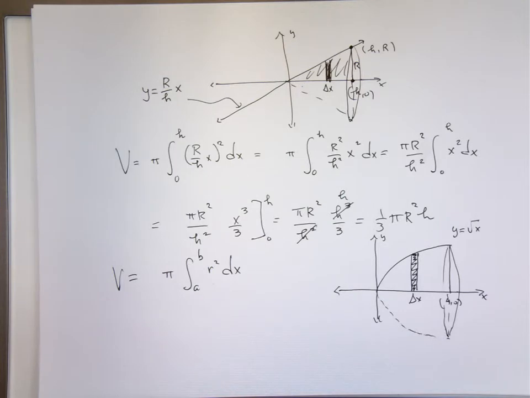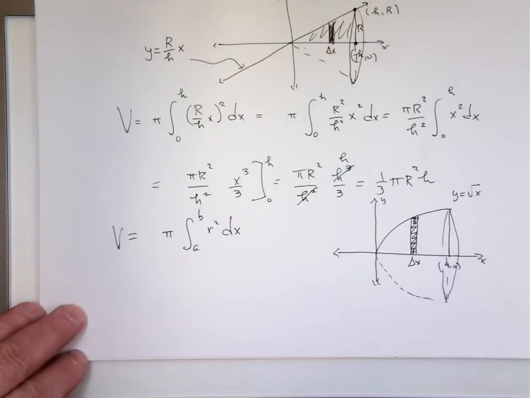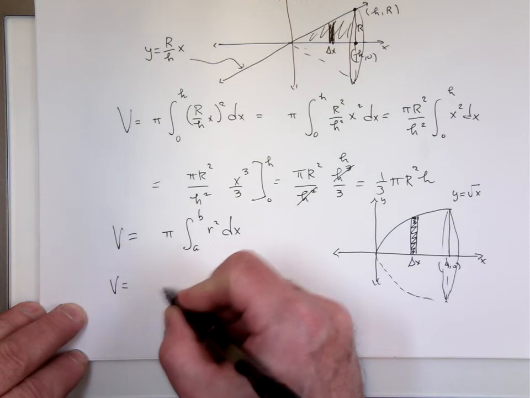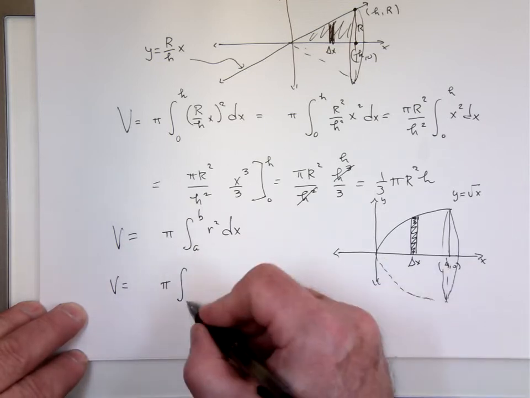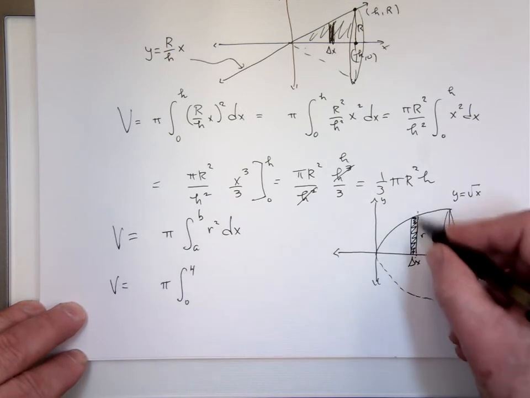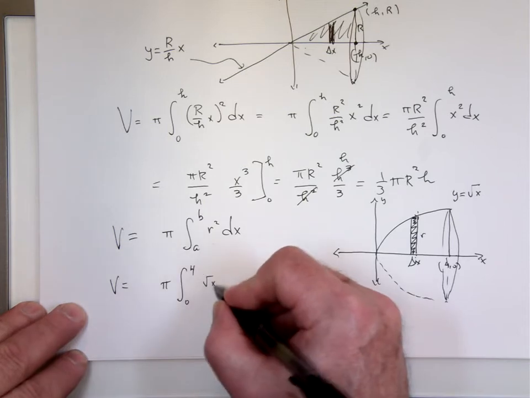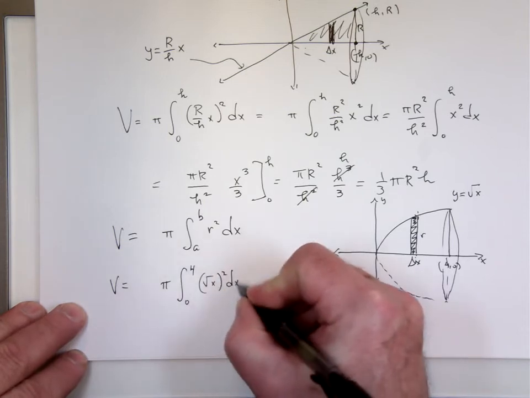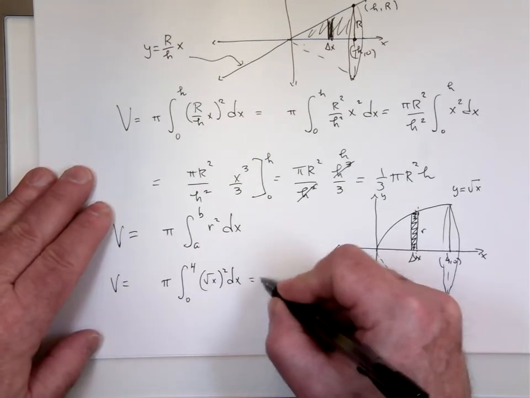So we can use this little formula. This is the volume of solids of revolution where we get disks. That volume is equal to pi, the integral, from 0 to 4, r. R is this distance here. It's the function itself, square root of x, squared, dx. That's equal to pi, 0 to 4, x dx.